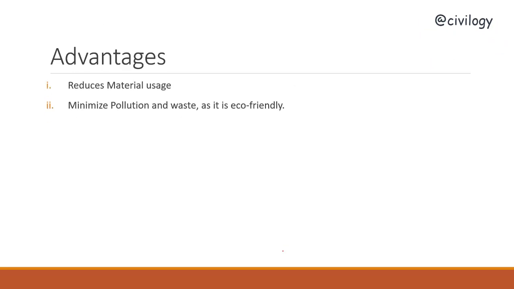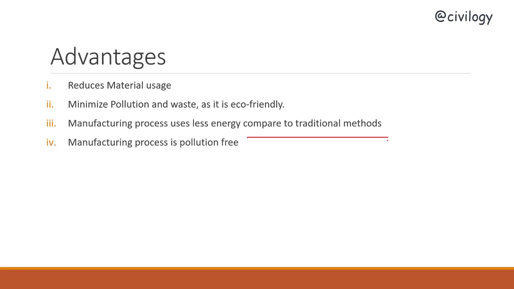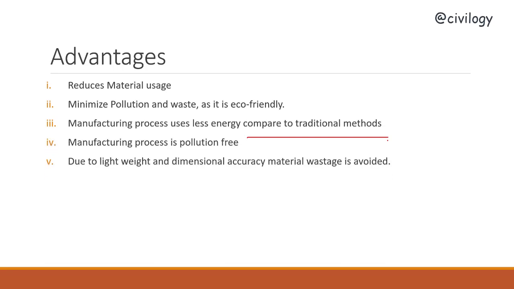Next, advantages. Reduces material wastage and minimizes pollution and waste, so it is known as an eco-friendly product. Manufacturing process uses less energy compared to traditional methods. Manufacturing process is pollution free, and due to lightweight and dimensional accuracy, material wastage is avoided.